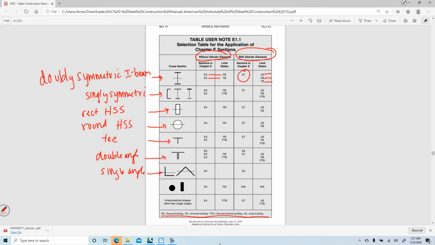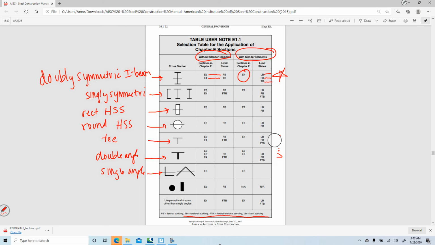And then this is not a hollow, a bar or a plate or something like that. And unsymmetrical shapes other than single angles. We're not going to get into that.